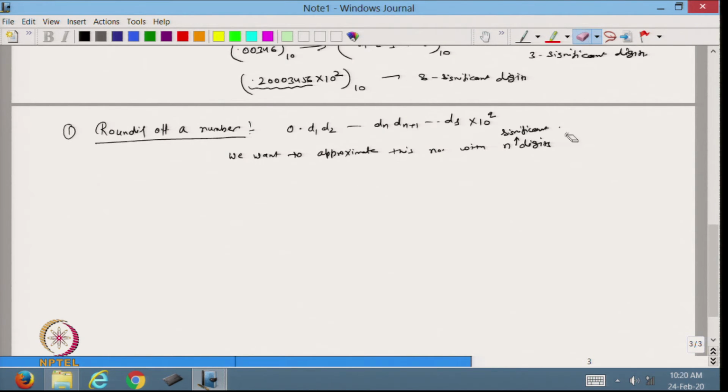So, what will I do in this case? I want to approximate this number with n significant digits. How can we approximate? There are two ways.